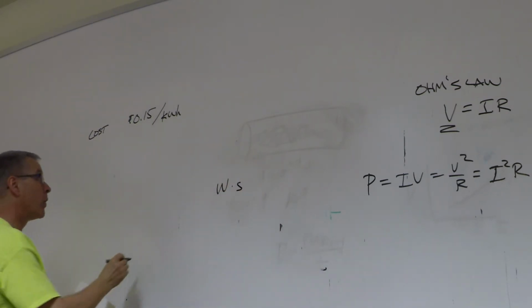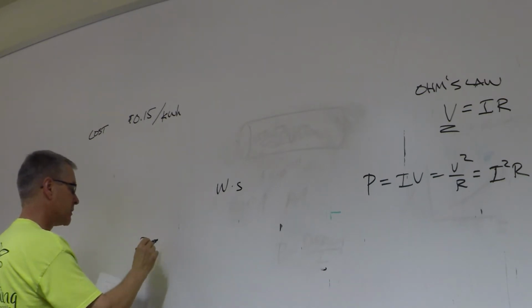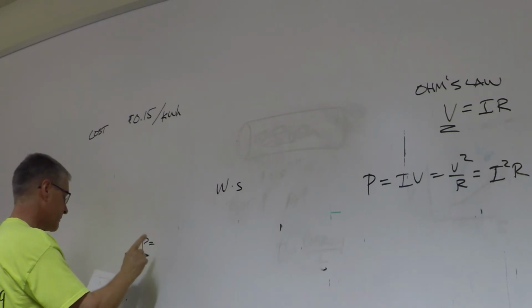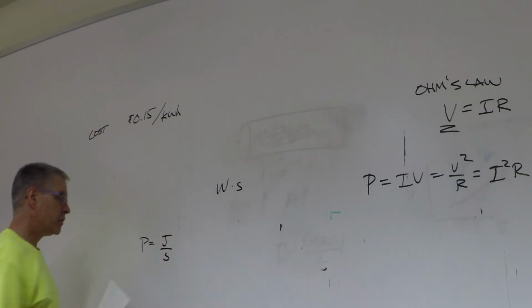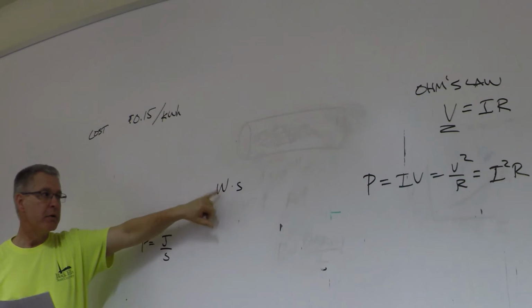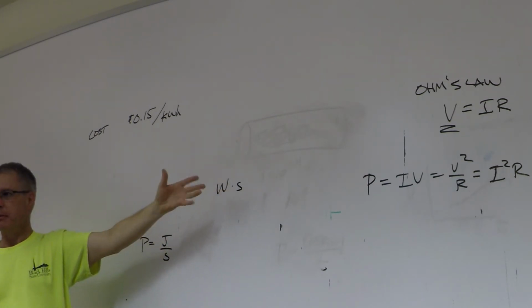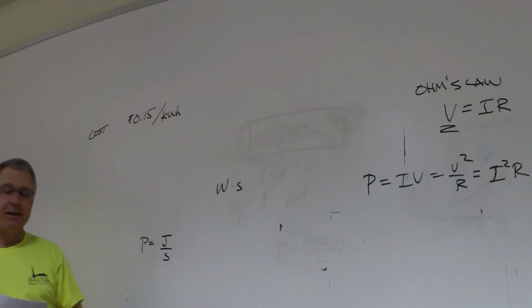Well, power, I should have mentioned that the units on that are watts. The units on that are joules per second. So if that's joules per second times seconds, it gives you joules, that's units of energy. It's just, this is how, in the United States, they tend to show that, kilowatt hours.